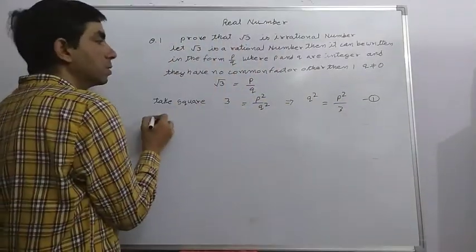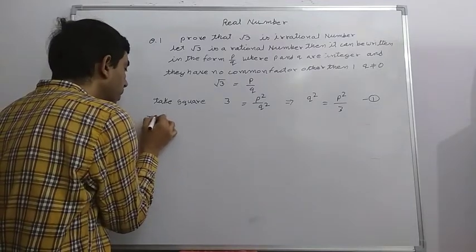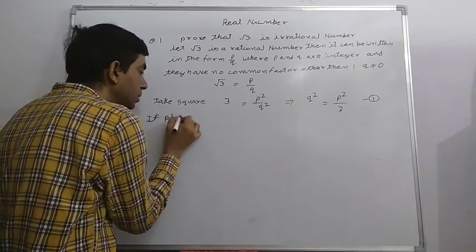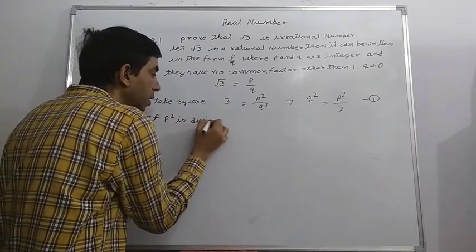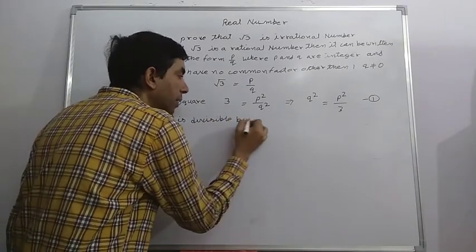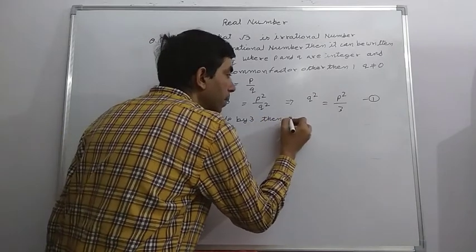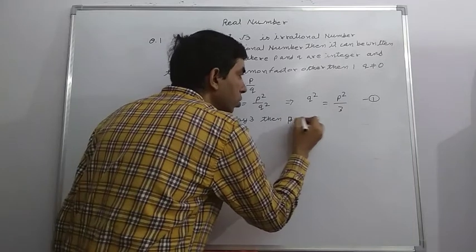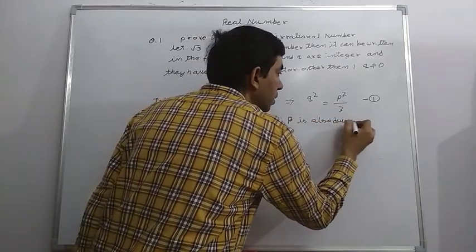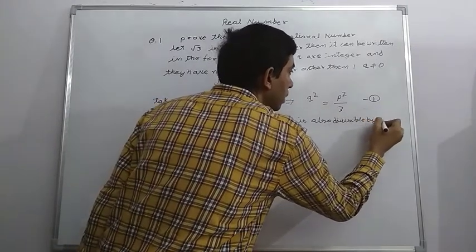Now we know that if p square is divisible by 3, then p is also divisible by 3.